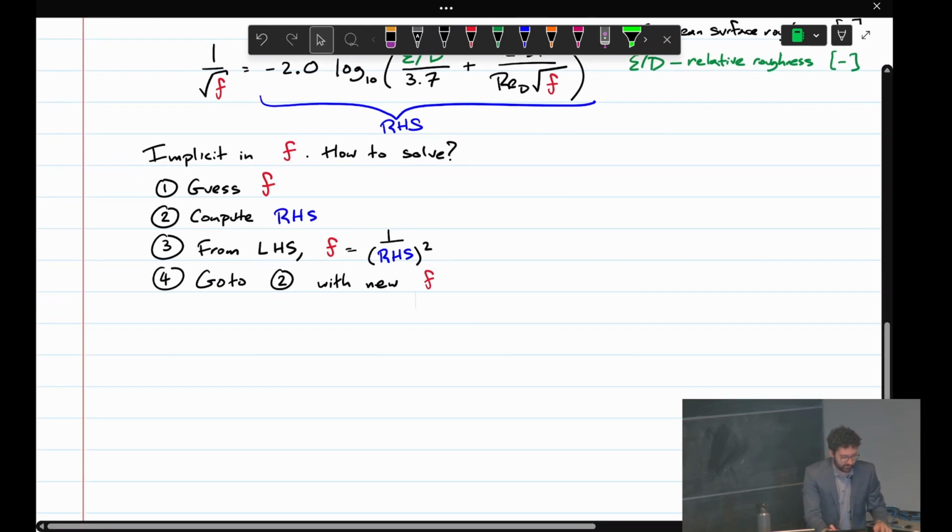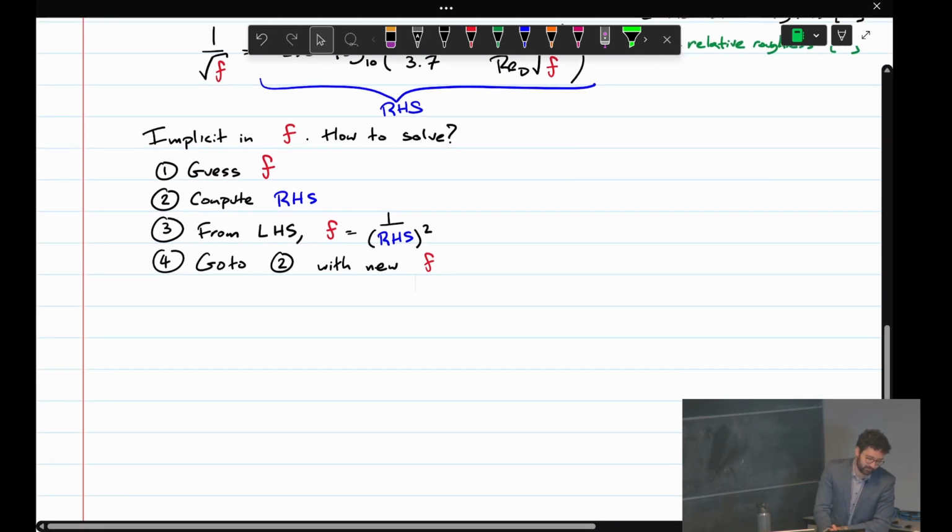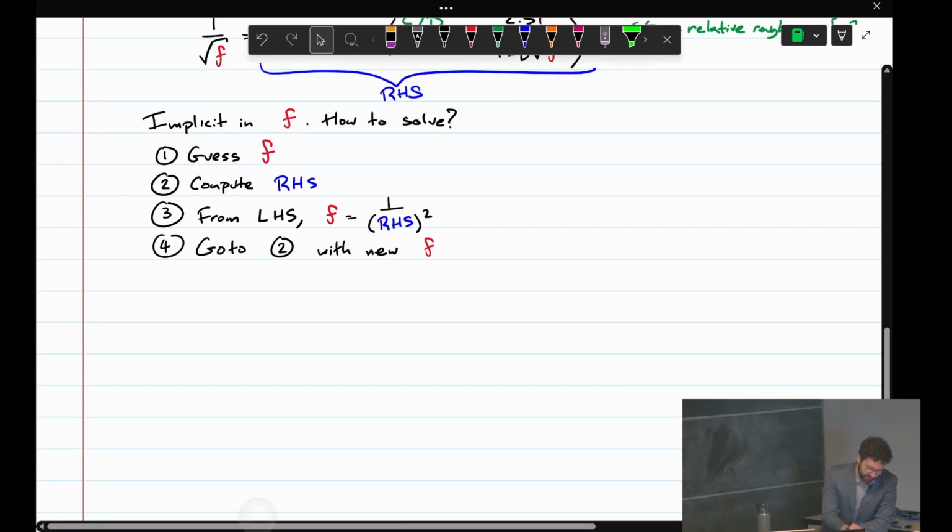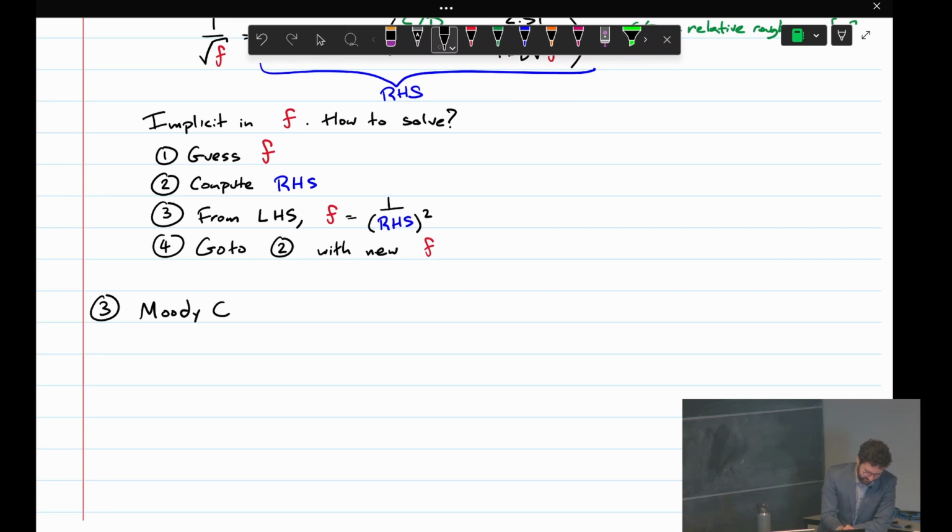The second way that I'm including to compute F, I'm including because it's more classic. You wouldn't be doing fluids 1 if you didn't talk about the Moody chart, basically. So the Moody chart is the Colebrook equation in chart form.